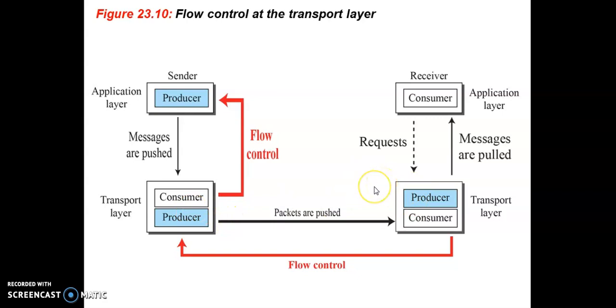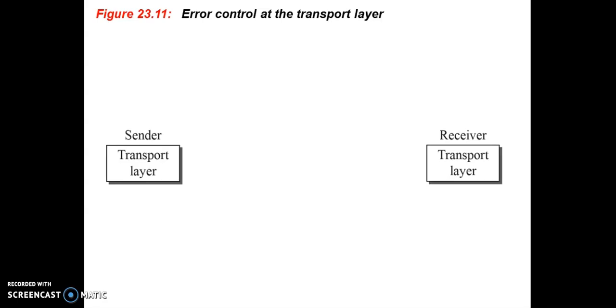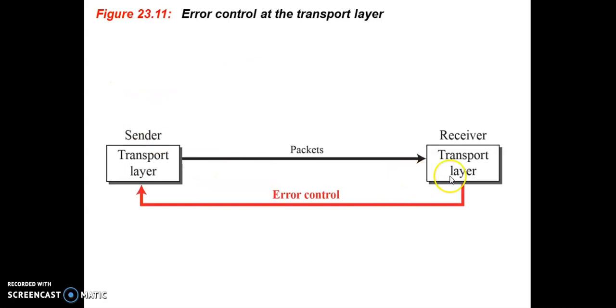Next one is error control at the transport layer. IP is an unreliable network layer, so the application requires reliability from the transport layer. Reliability can be achieved by adding error control services to the transport layer. The transport layer sends the packets, and the error control mechanism ensures the receiver can notify the sender.